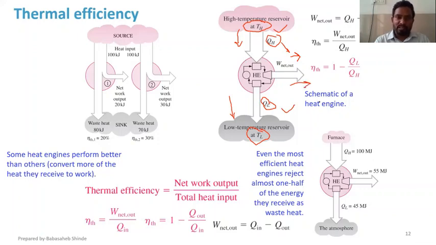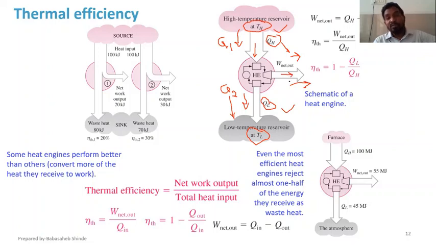So if you look at the directions of those interactions, the heat QH, or in some cases we call it as a Q1 also, QH is input to the system, this QL, or sometimes being called as Q2, is going out of the system, and this work is also going out of the system.